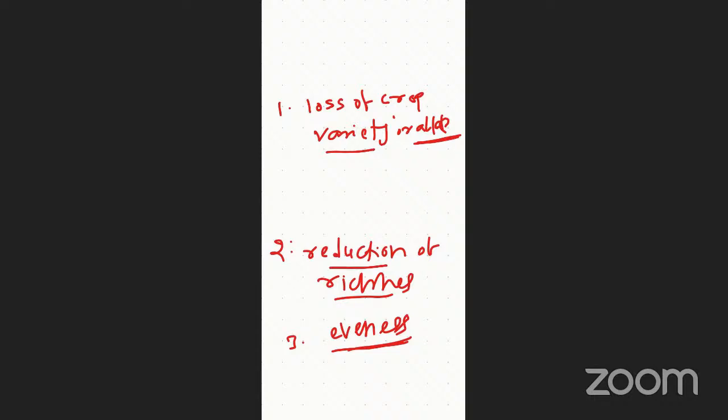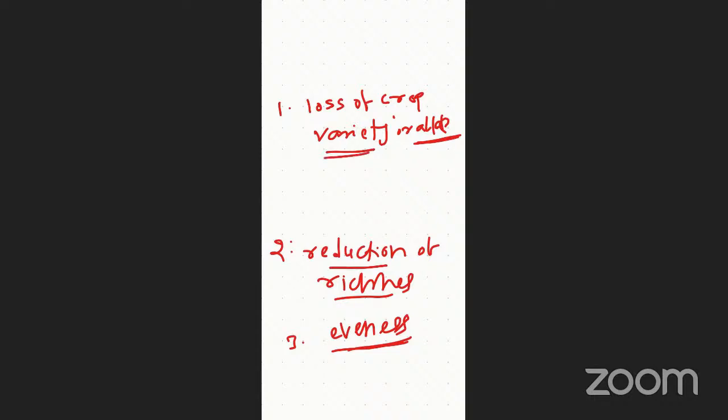So simple here. In the first view, absolute loss as evidence of genetic erosion ignores the dynamic nature of farming systems and population genetic processes. It only looks at what has been lost, not at what has replaced the lost material.